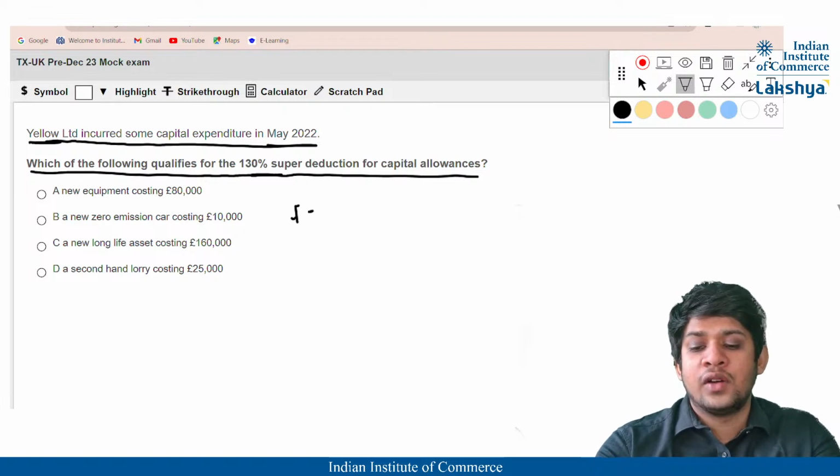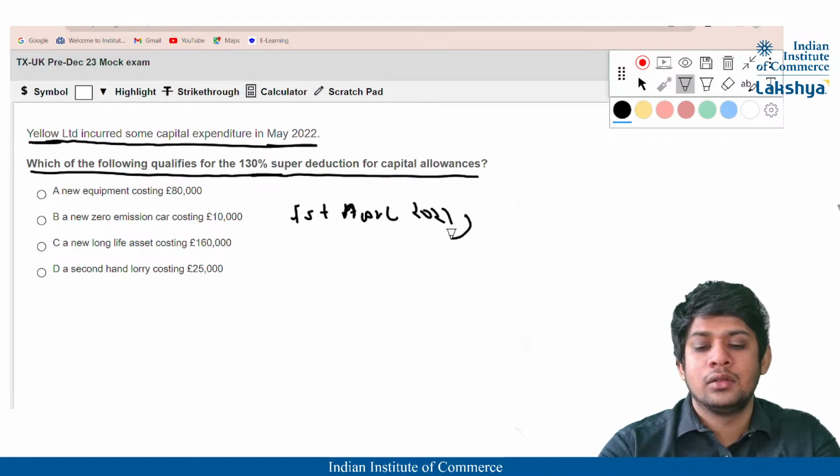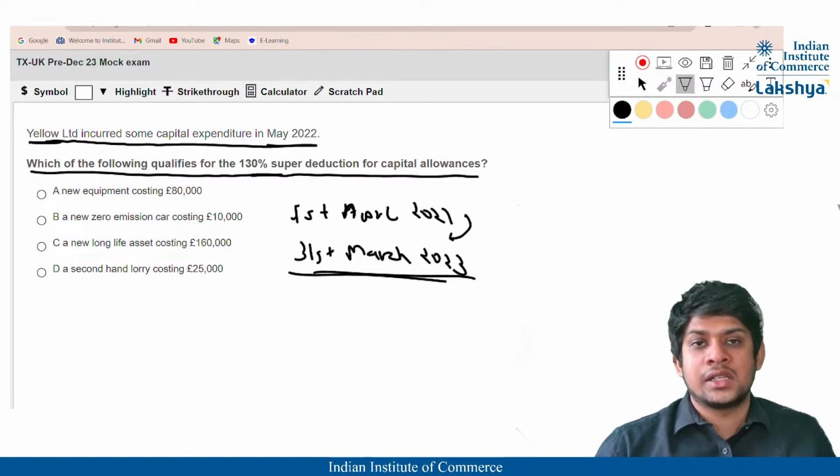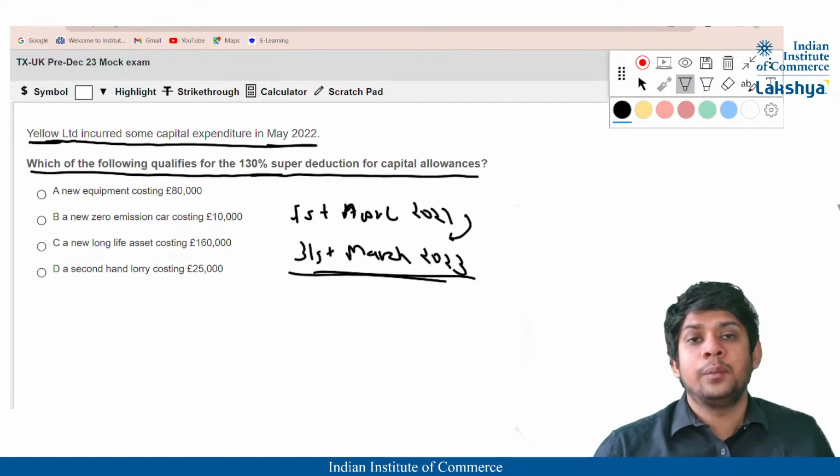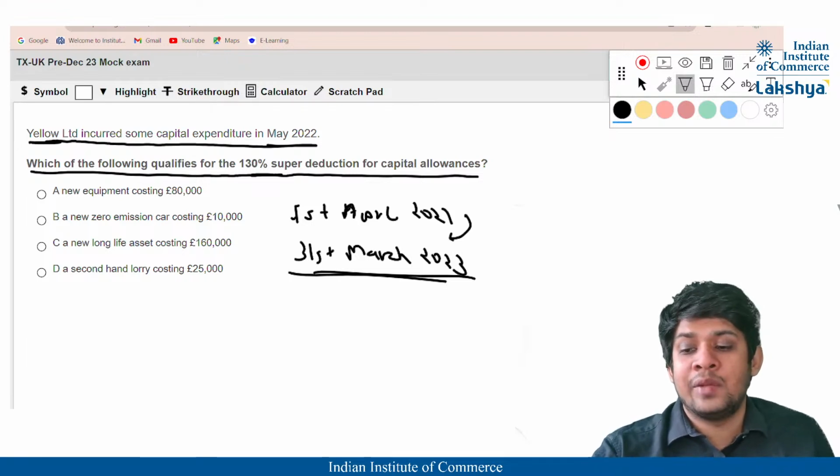Right. So from 1st April 2021 to 31st March 2023, if there are any assets which are actually purchased, then for a company, okay, now Yellow Limited is a company.